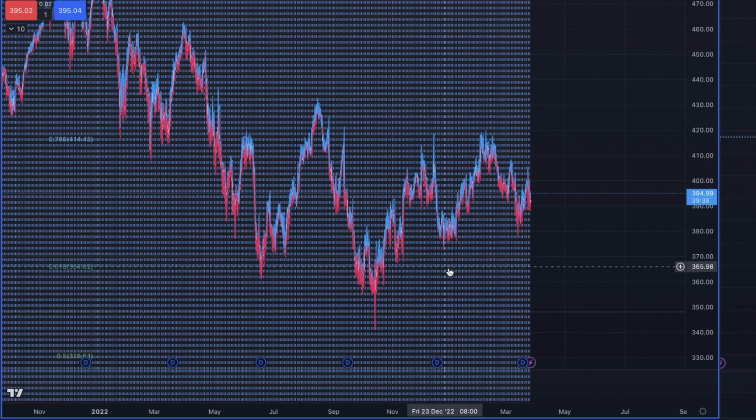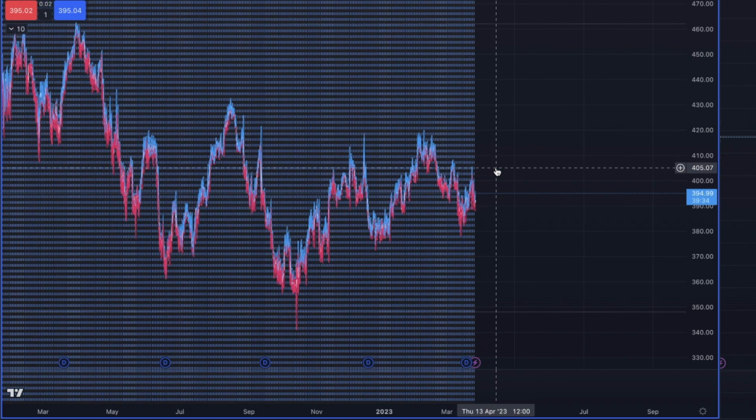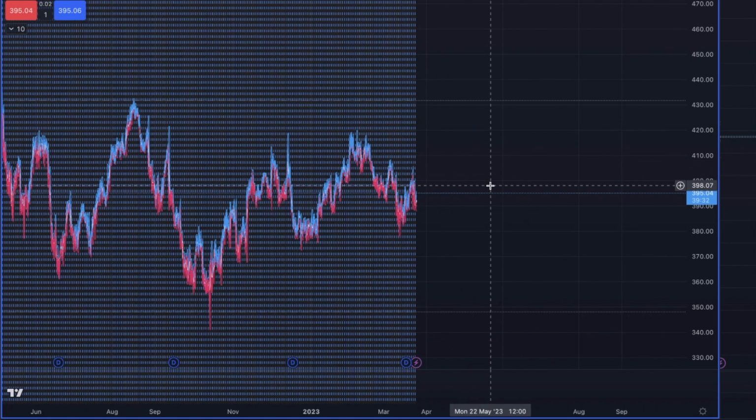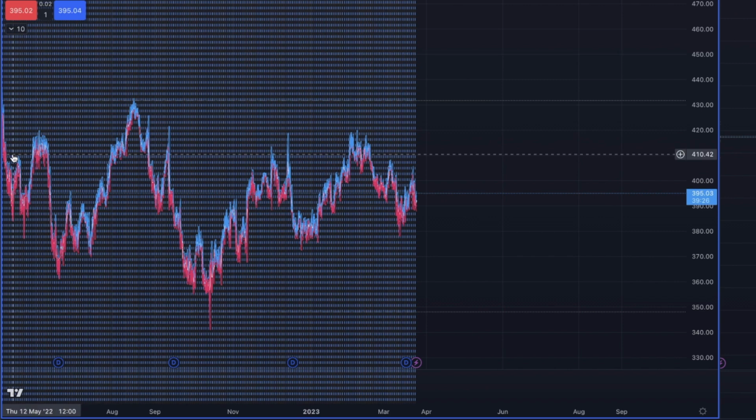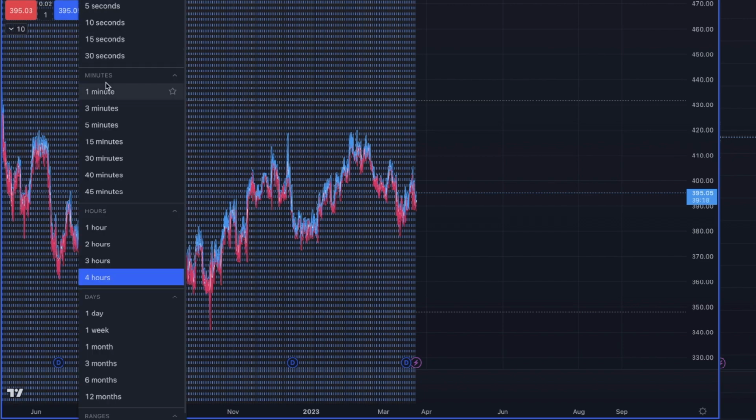This is the beginning of 2023. Looking at this, breaking down the charts, analyzing it that way might be a good idea for, definitely a long-term approach.